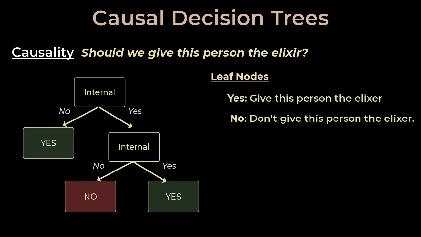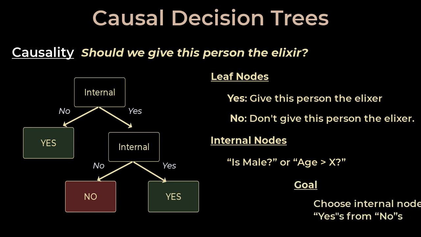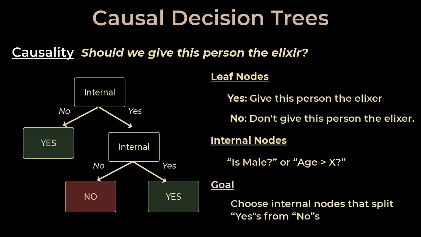The leaf nodes should be one of 2 outcomes. Yes, give this person the elixir, and no, don't give this person the elixir. And the internal nodes can be based off of one of 2 variables now, gender and age. And the goal should be to choose internal nodes that can best split the yeses from the nos.